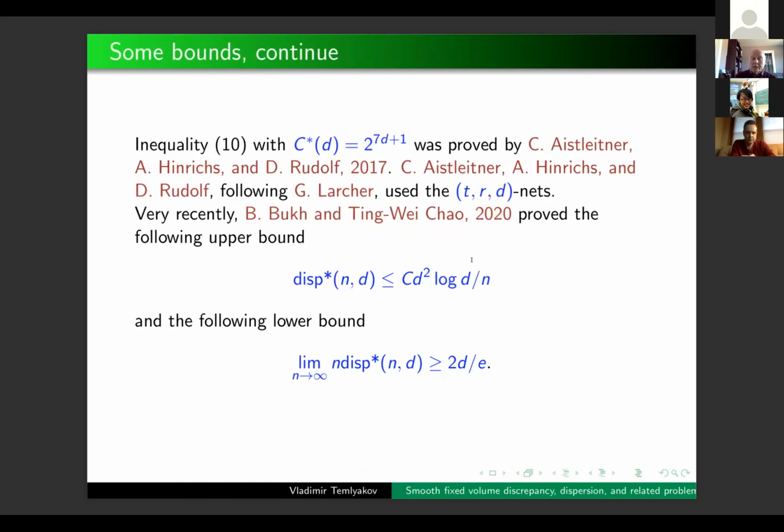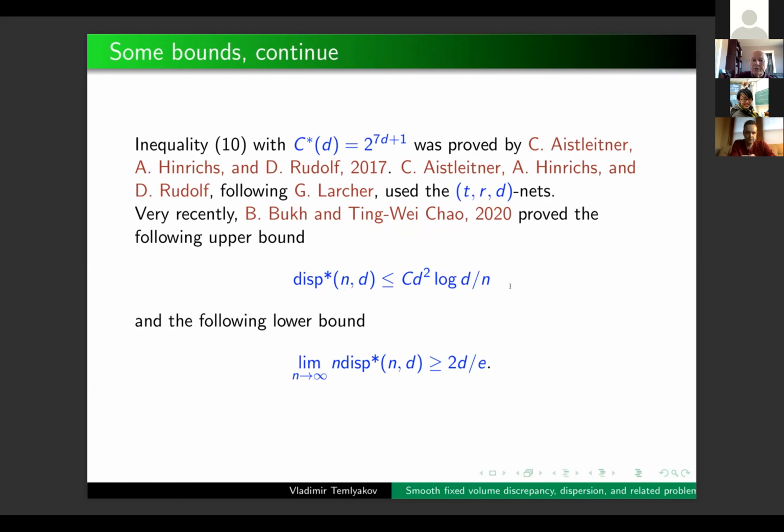And some more results. This was the result, but recently, and we will have talks by Boris Bukh and Ting-Wei Chao, I think they will not only cite this but also give us some further results.